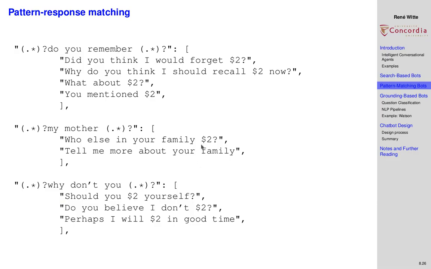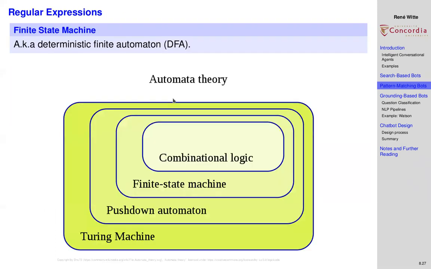So what we have in here, these patterns, are of course regular expressions, and this is one of the main techniques behind pattern matching bots. As a programmer or software developer, you have to know regular expressions, and if you remember your undergraduate computer science theory classes, you know that they in turn are an implementation of so-called finite state machines or deterministic finite automata, DFAs.